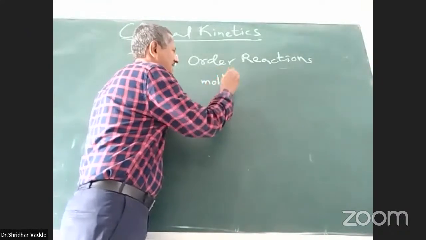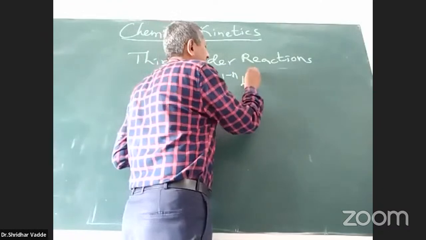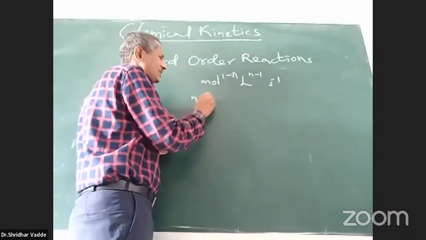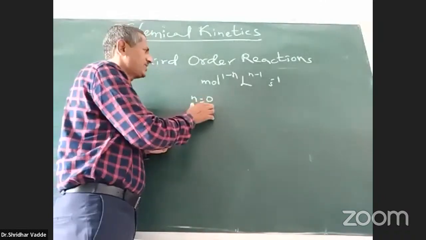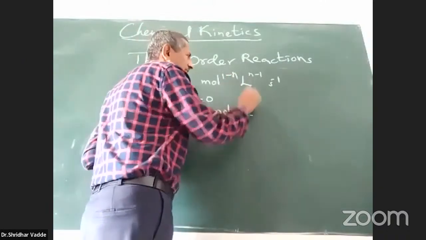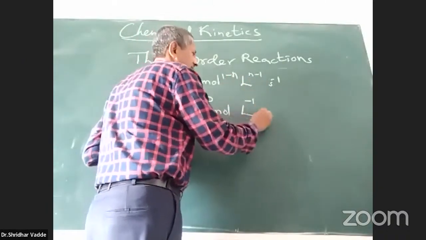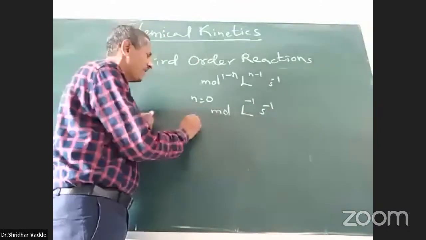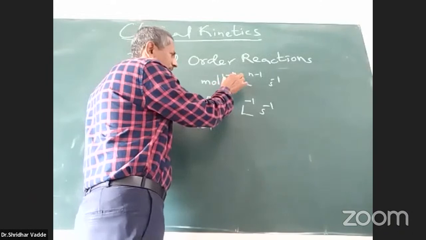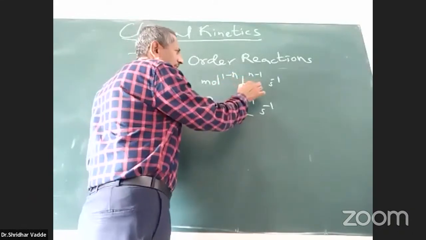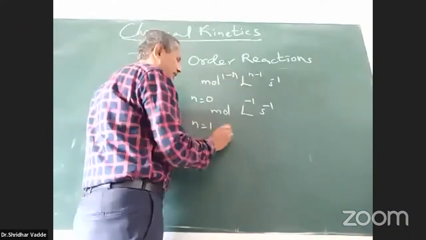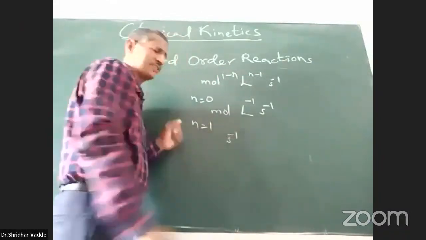Mole to the power 1 minus n, liter to the power n minus 1, per second. So, for example, if you take n is equal to 0, that is a zero order reaction, this becomes mole 1 minus 0, liter 0 minus 1. For first order reactions, mole 1 minus 1 is 0, liter 1 minus 1 is 0. Anything to the power of 0 is equal to 1. So for n is equal to 1, we have the units of s inverse.